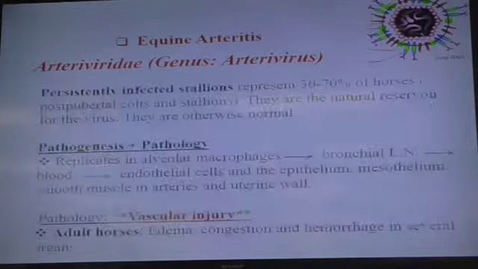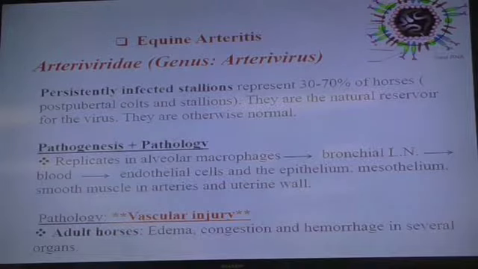Okay, so persistently infected stallions are a problem, and the number of stallions can amount to 30 to 70% of horses that are infected. And in relation to the pathogenesis, I explained how it occurs.